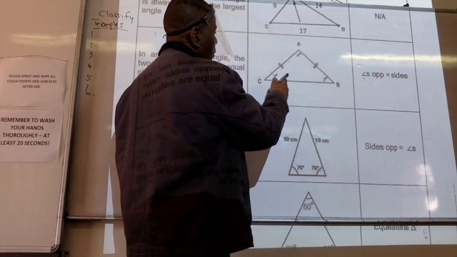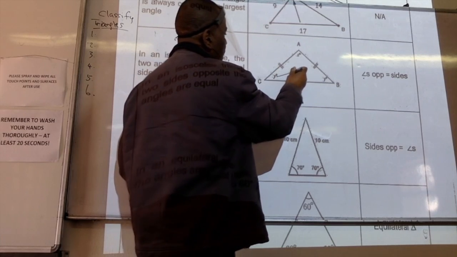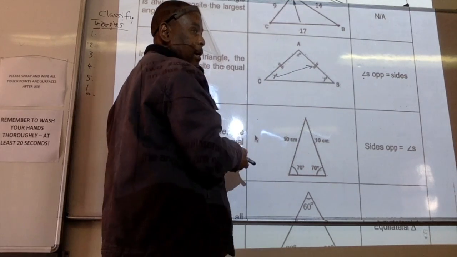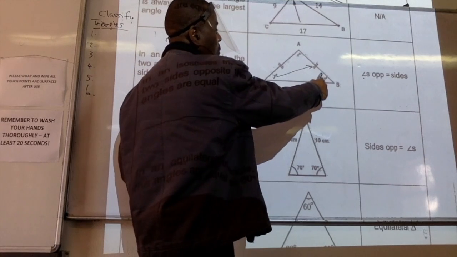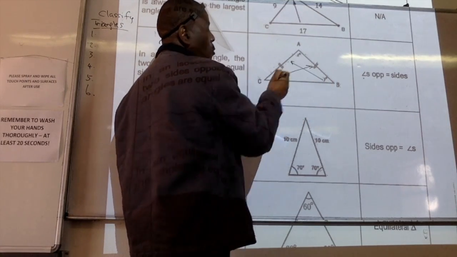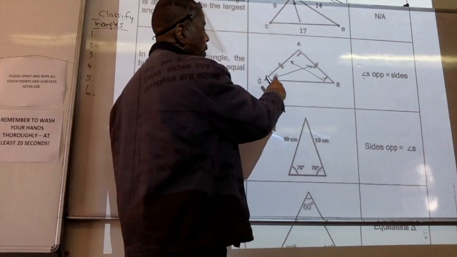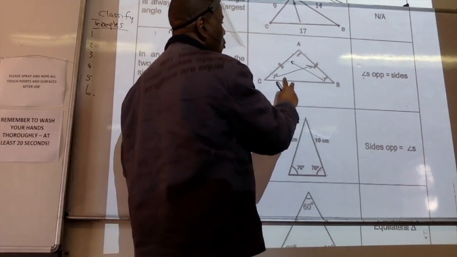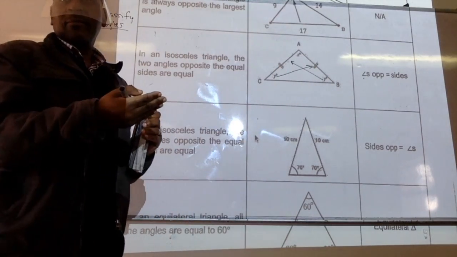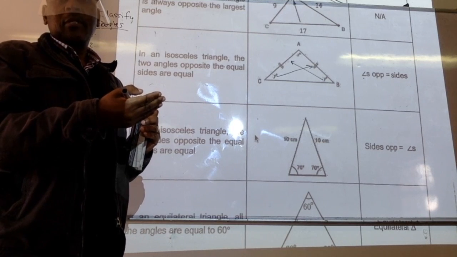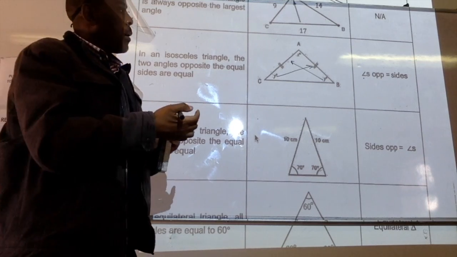Now, this angle y lies opposite that side, right? And the other angle y lies opposite that side. So do you see that these angles are actually opposite equal sides? It makes sense, right?